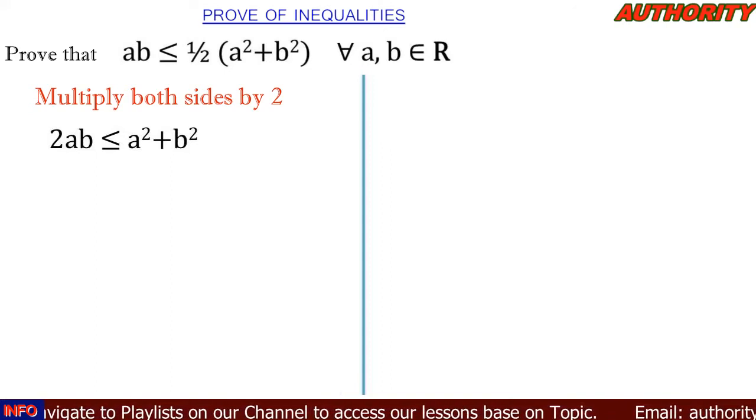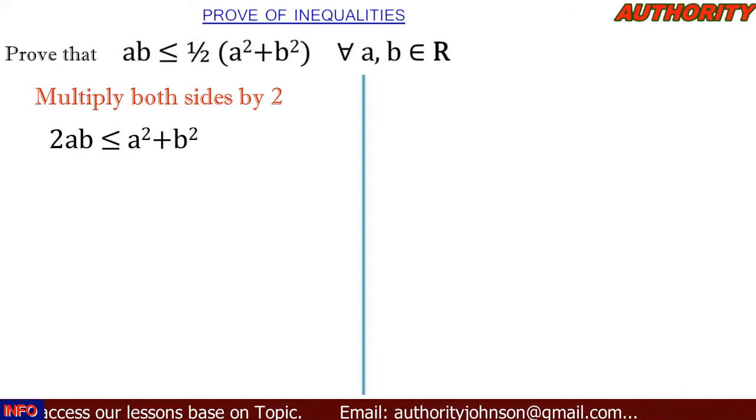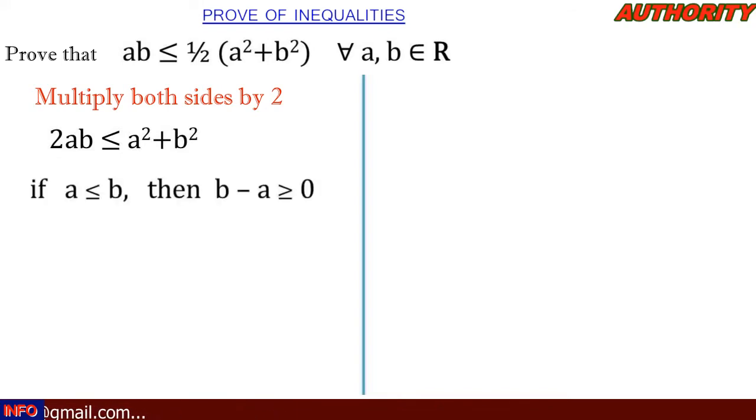Now we have 2AB is less than or equal to A squared plus B squared. I want to establish a fact here that we are going to prove to be true. If you say that A is less than or equal to B, that means B is greater than or equal to A. Is that true? Yes.